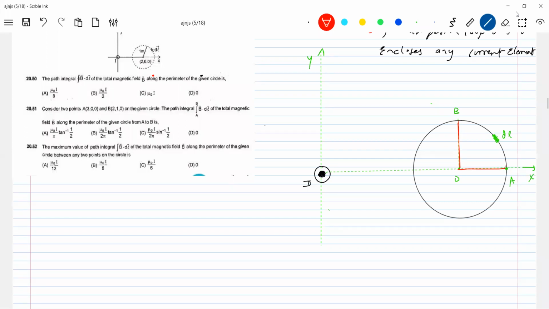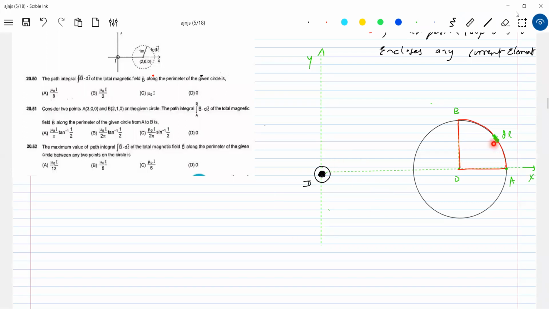I'm going to assume it. What is being asked is for A, B only. How will the lines of force due to this be? Concentric circles I should draw, no? Draw concentric circles.